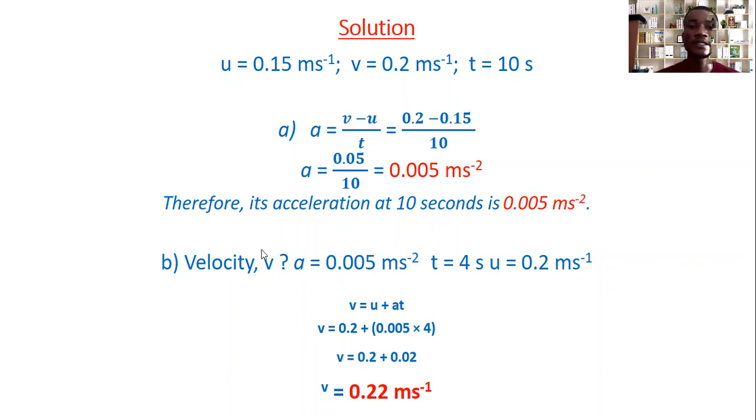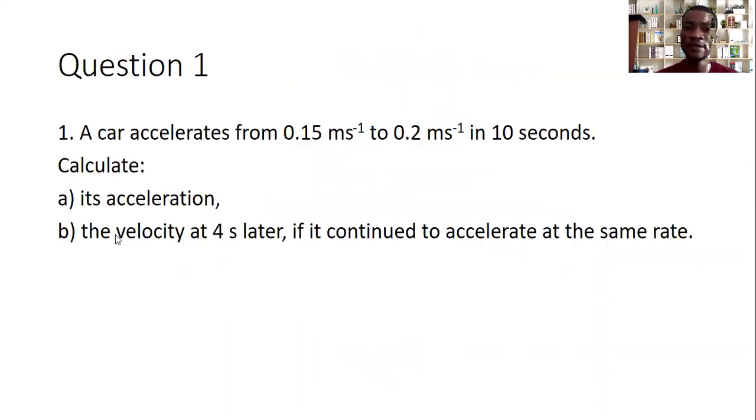Okay. All right. Let's now calculate the velocity as requested by the question. Velocity v, we are looking for it. So our acceleration is 0.005 meter per second square, and the time is 4 seconds. Initial velocity is going to be 0.2 meter per second. Let's go back to that question again. Calculate the velocity at 4 seconds later if it continues to accelerate at the same rate.